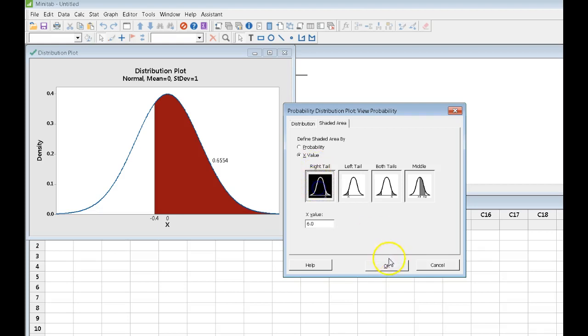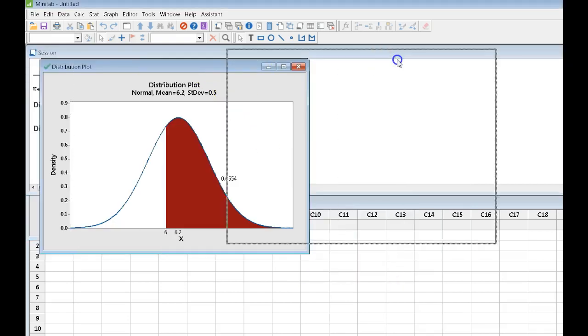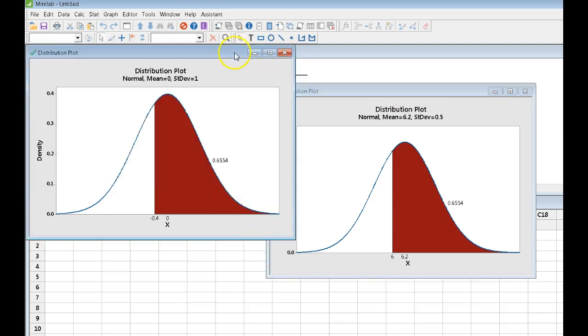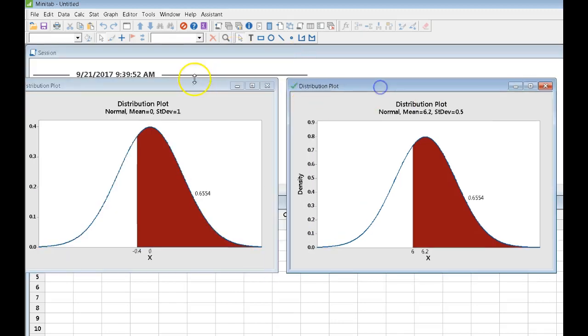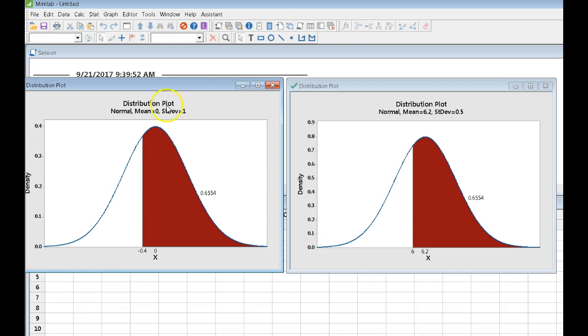Make sure right tail is turned on, say OK, and there it is again. So I could have my plot done from the perspective of the z-score, where the mean is 0 and standard deviation is 1, or from the point of view of the actual distribution of earthquakes. All right, I'm going to do up a couple more videos to show you other parts of this question.